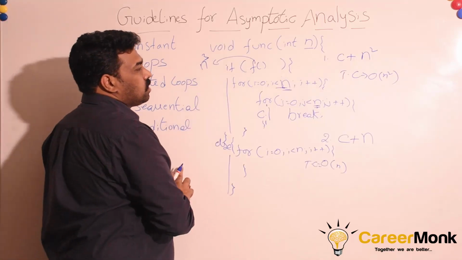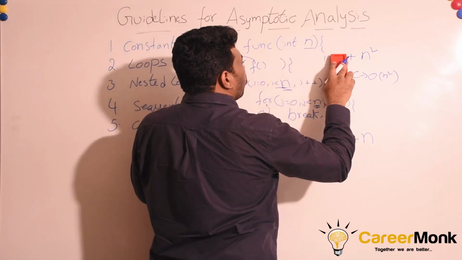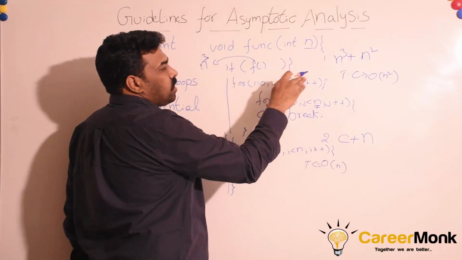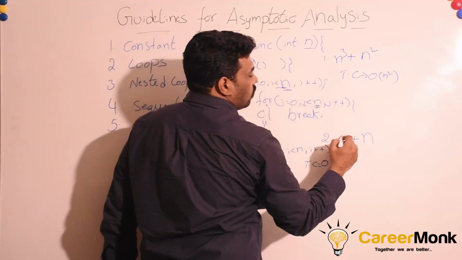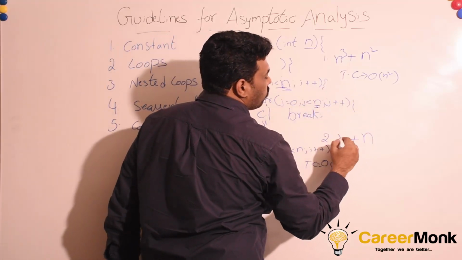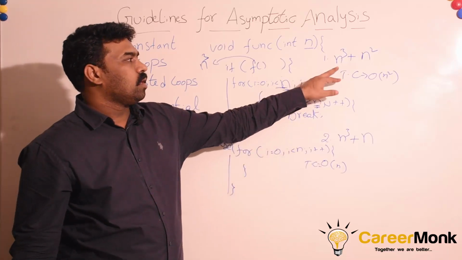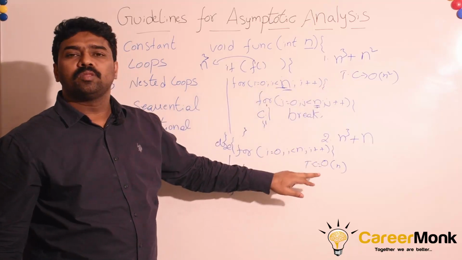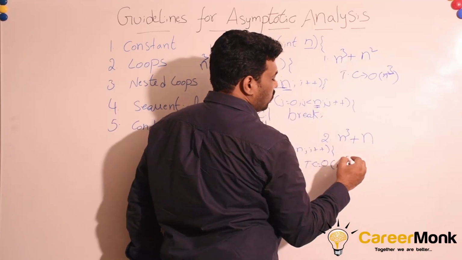So in this case, the running time of the expression is n cube plus the running time of the if part, that is n square. In this case, running time of the condition n cube plus n. If you observe these two, the running time of the if part and the running time of the else part, both are the same, which are nothing but order of n cube in both the cases.